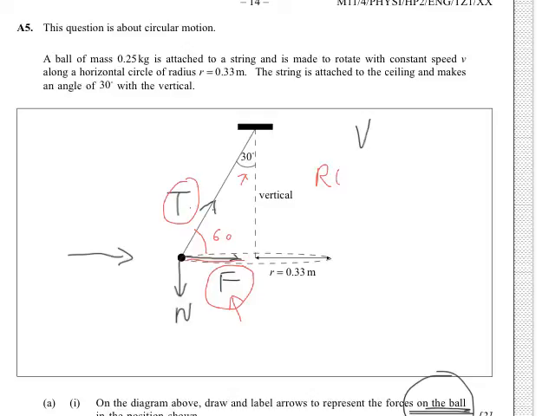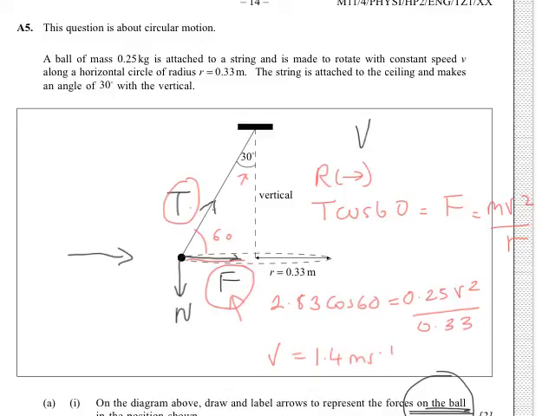If we resolve horizontally, T cosine 60 would be equal to F. And that F would be equal to mv squared over r. So if we put all of those values in, okay, so 2.83 times cosine 60, the mass is 0.25 and the radius is 0.33. So if we rearrange and solve for the speed, we should get 1.4 meters per second.